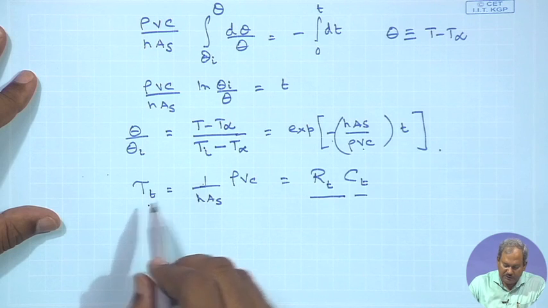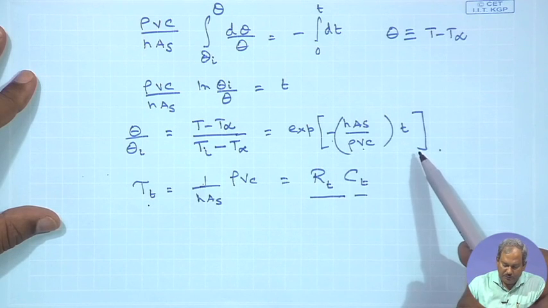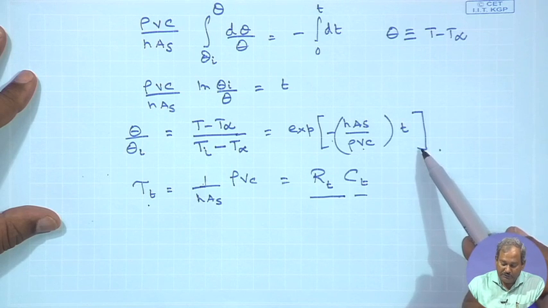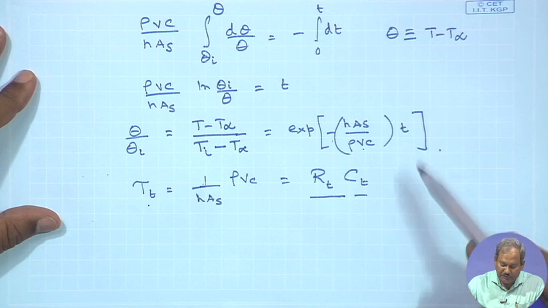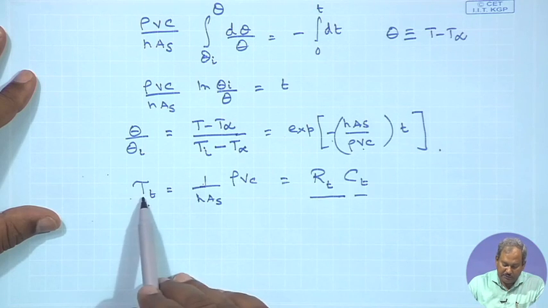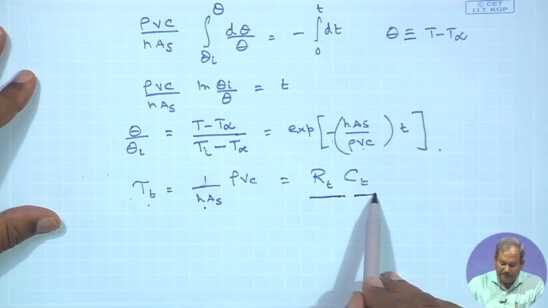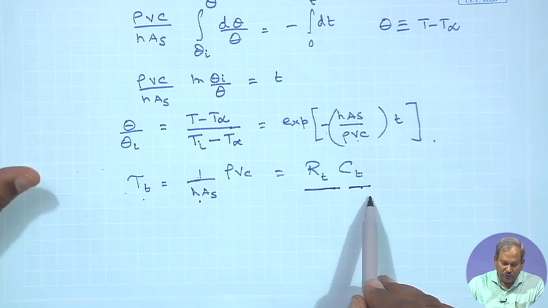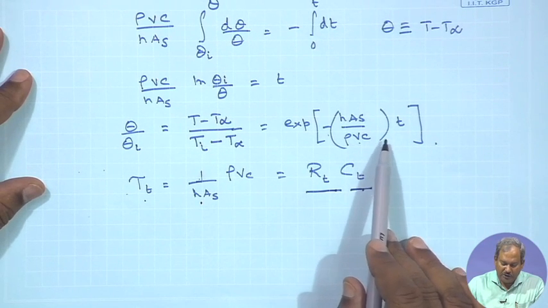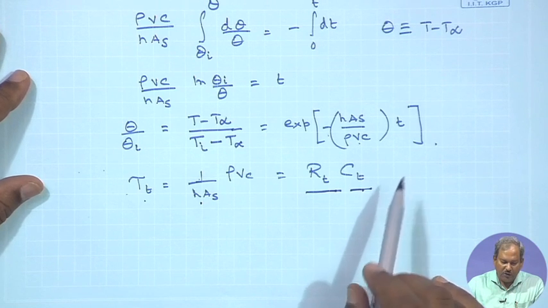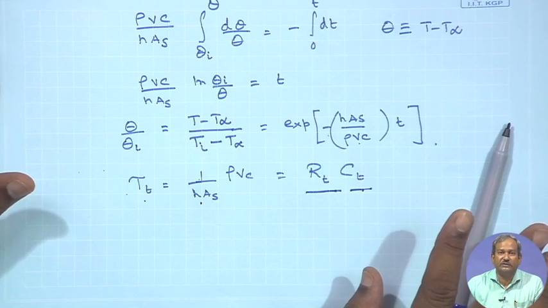So, the time constant of the process of quenching, or of changing the temperature of a solid when it is exposed to a convection environment, would depend on the resistance to convection and the thermal capacity of the system. So, the variation of temperature with time is analogous to the voltage decay that occurs when a capacitor is discharged through a resistor in an electrical circuit.